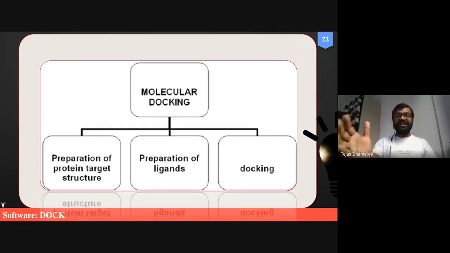If I say 1TL8, it will be DNA topoisomerase 1, the enzyme. If I say another one, 1NH8, it will be ATP phosphoribosyl transferase. And similarly, for different proteins there will be different 4-letter codes. Cyclooxygenase has one 4-letter code, and lipoxygenase has a different 4-letter code.